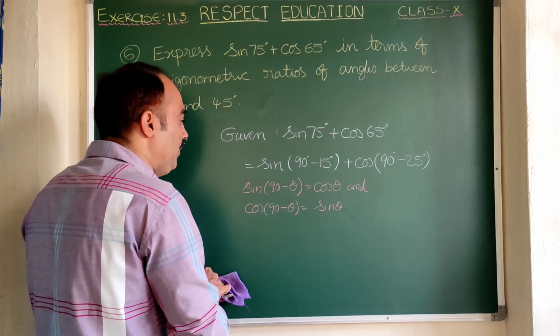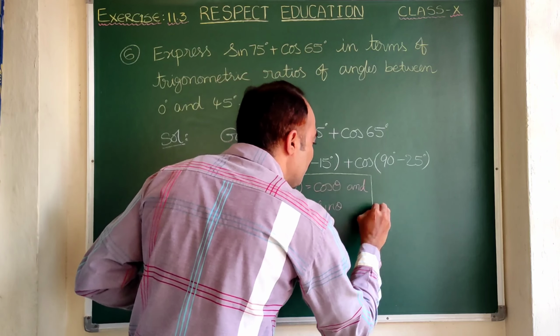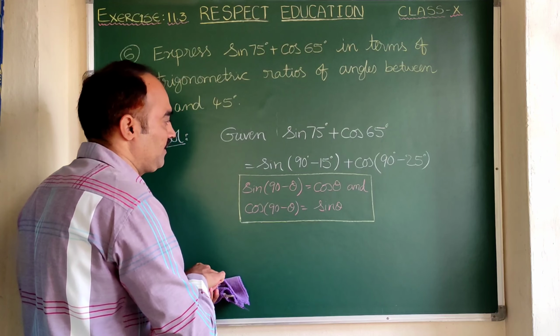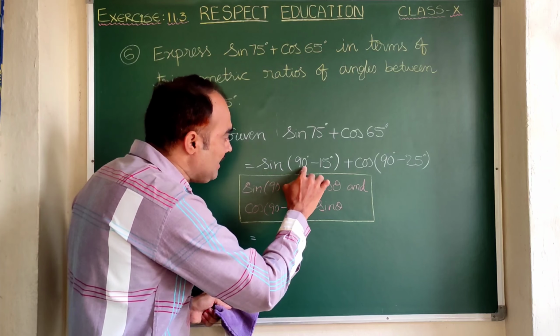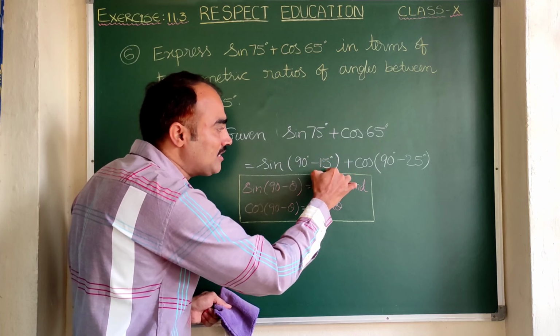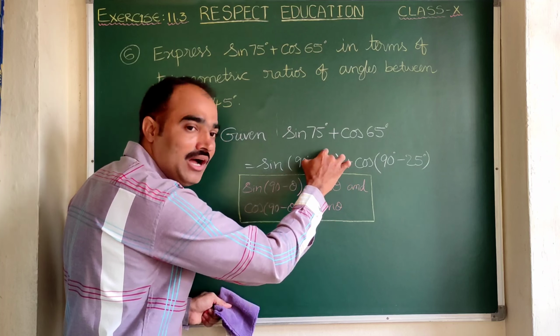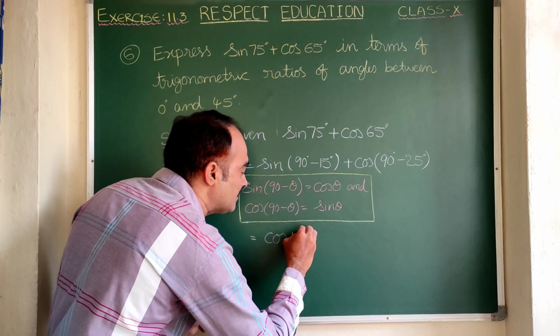Now based on these two formulas, we are going to move for the next step. That is, here sin 90 minus theta. Here theta is how much? 15 degrees. That is cos theta. Means here what will come? Cos 15 degrees.